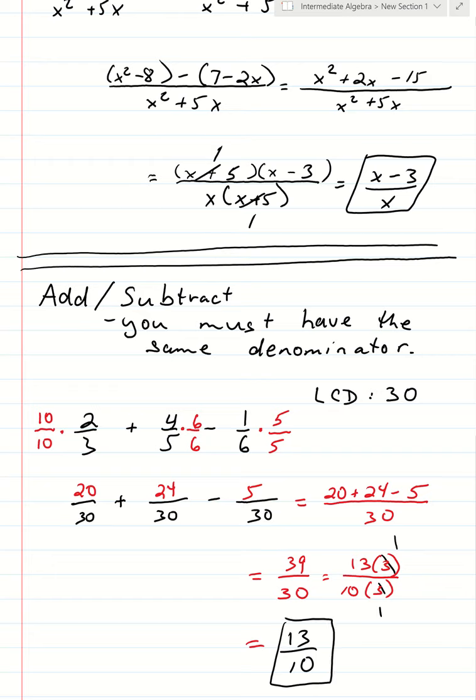Okay? So with adding and subtracting of rational expressions, of these algebraic fractions, we must always have a common denominator. If we do not have a common denominator, we're going to create one, preferably the lowest common denominator.